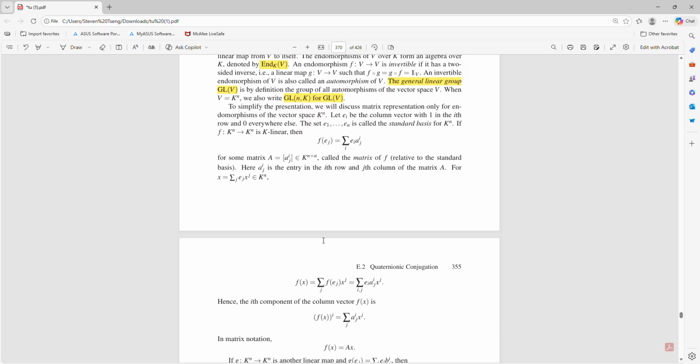Next, we let the set e1 to en be the standard basis for Kn, where Kn is a vector space over K. If we let F be a K-linear map, then we can easily check that F(ej) equals this. The matrix A is called the matrix of F, a representation of F. Let x equal this, which belongs to the vector space Kn.